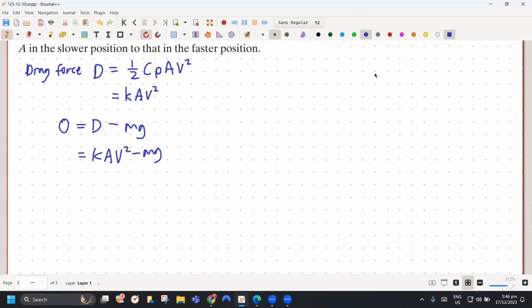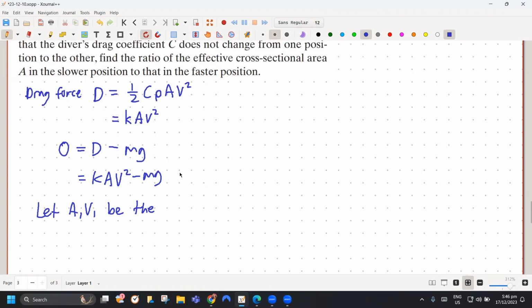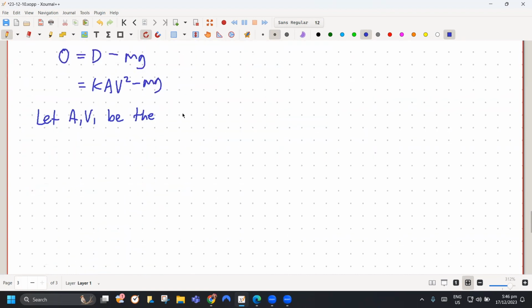Let A1 and V1 be the cross-sectional area and terminal speed in spread eagle position.